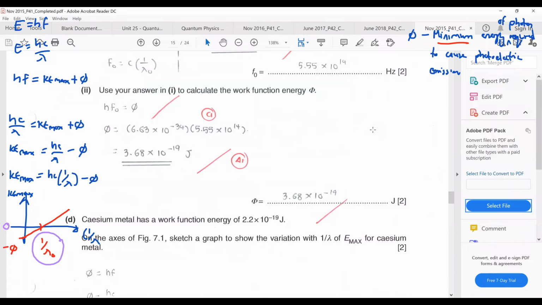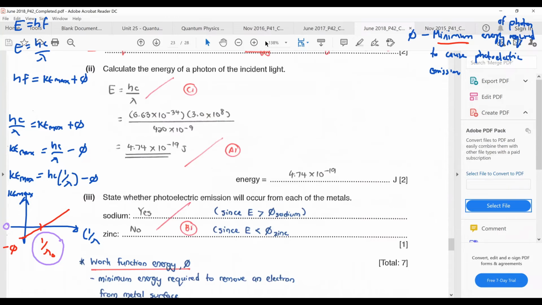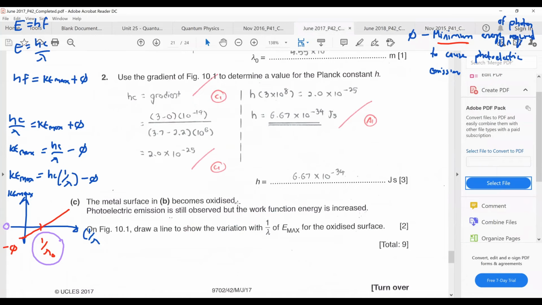Okay, so with that done, then you look at part B. They tell you cesium metal has work function energy of 2.2 times 10 power minus 19 joules. On the axis of the figure, sketch a graph to show the variation of 1 over lambda or Emax of cesium metal. It has some similarity with your previous question, but some slight difference.